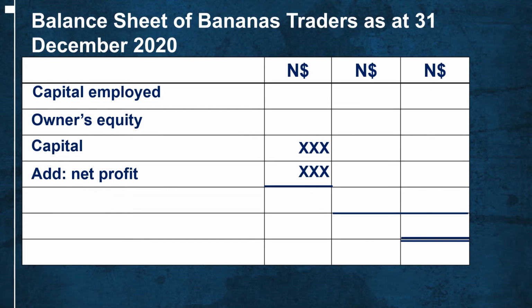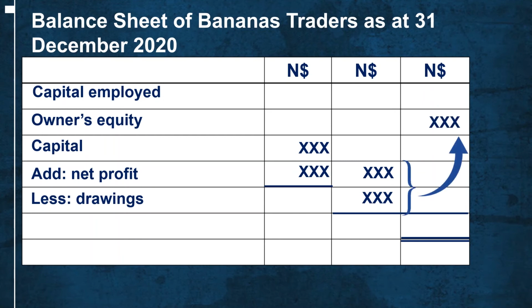If there is a net loss, we subtract the net loss from capital. The amount we get, we then record in the second column. We then subtract drawings, where we record the amount of drawings in the third column. The answer we get is the owner's equity, which then becomes the capital employed amount.